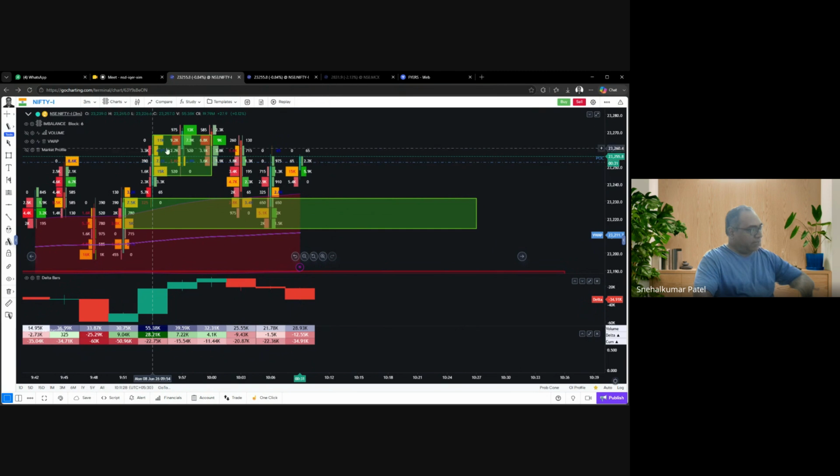So here what happened was the buyers were trapped. When the price went down, most of the buyers, especially option buyers, if they had taken a position in call by looking at this candle, their stop losses were hit here around this level when the price came down.